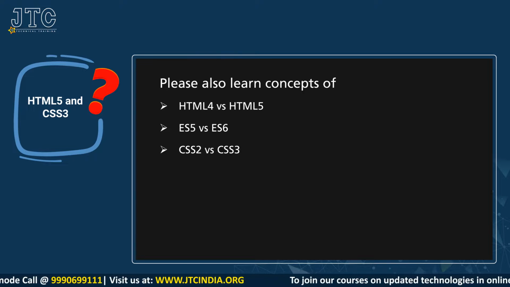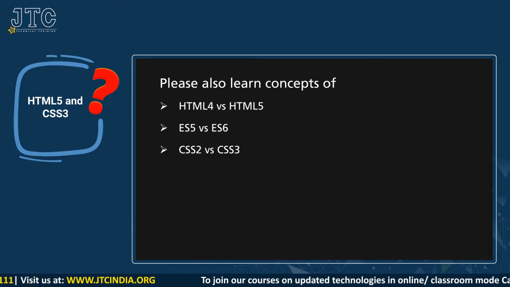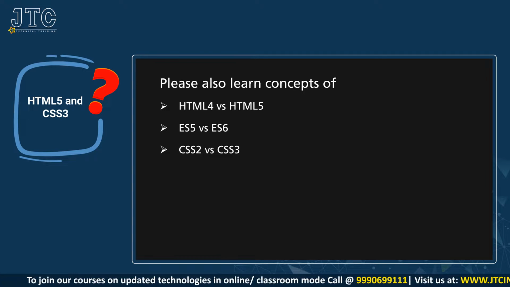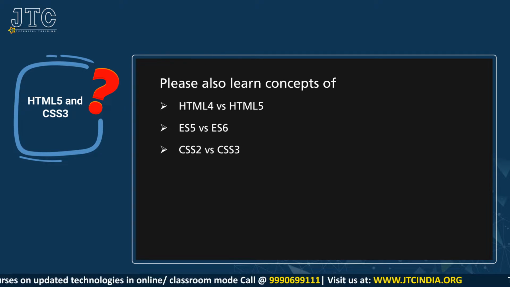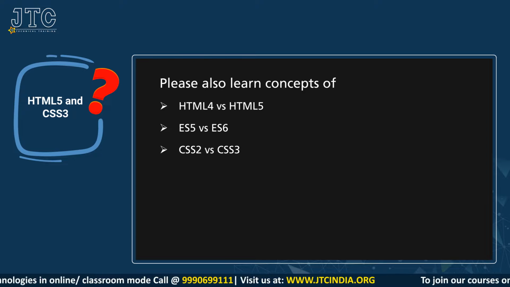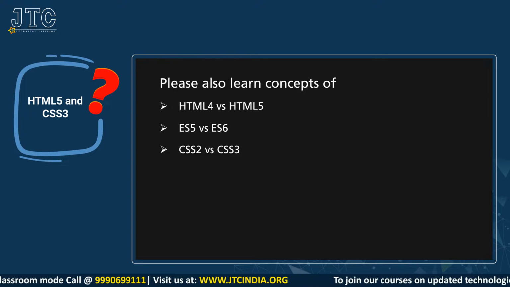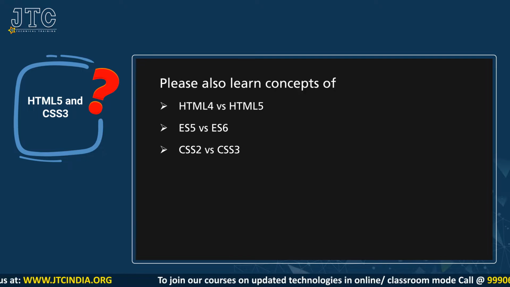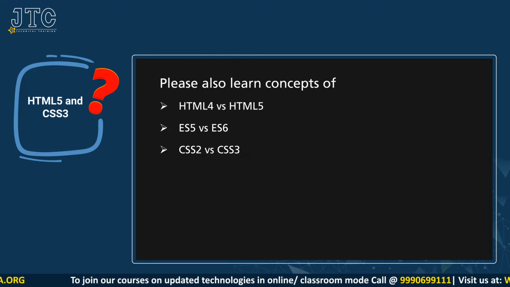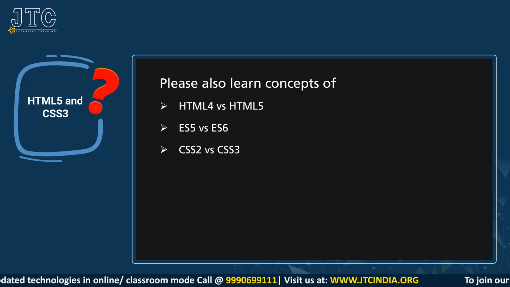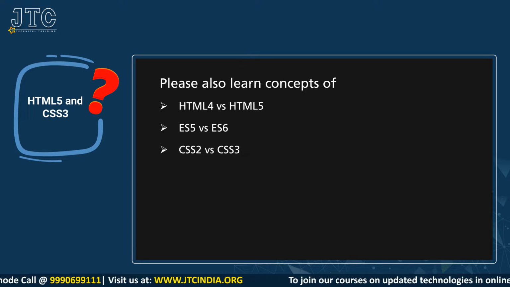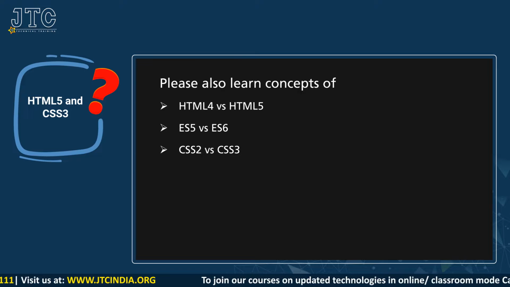Luckily, all these technologies, HTML5, CSS3, and ES6, came together, and they completely changed the performance of JavaScript in the real world. Once you are working with HTML4, CSS2, and ES5, and then ES6, HTML5, and CSS3 come together, it improves the performance of your front-end development to the next level, and that is what they are famous for.